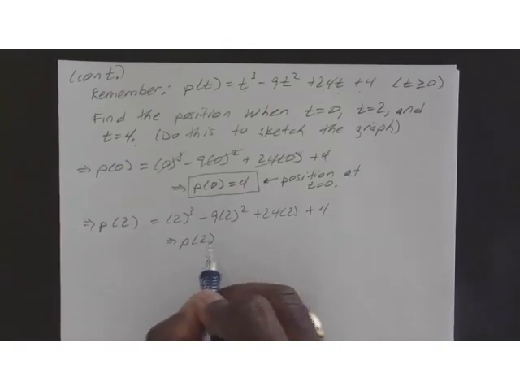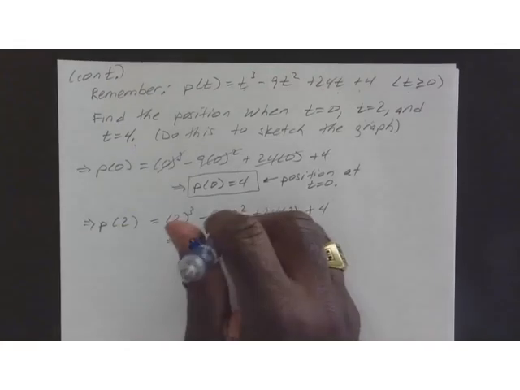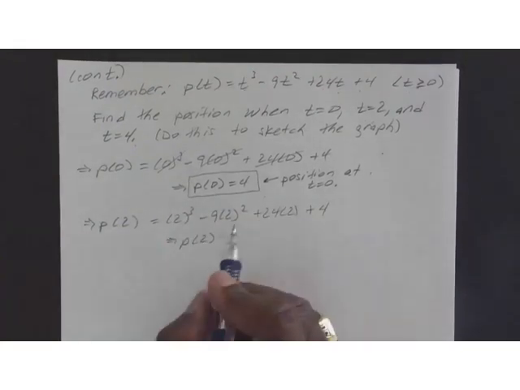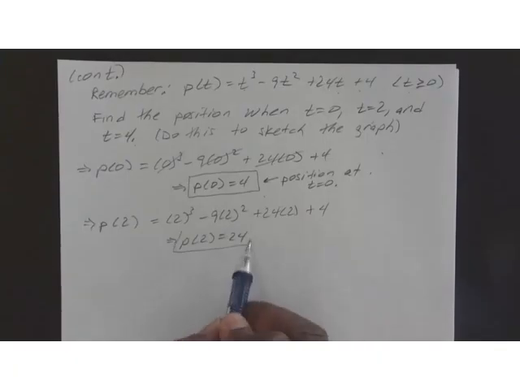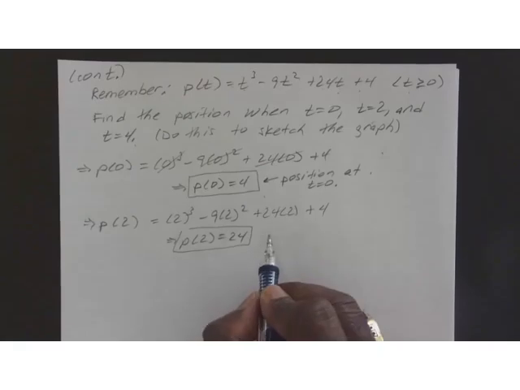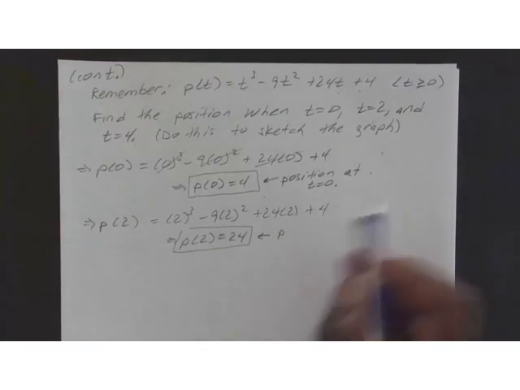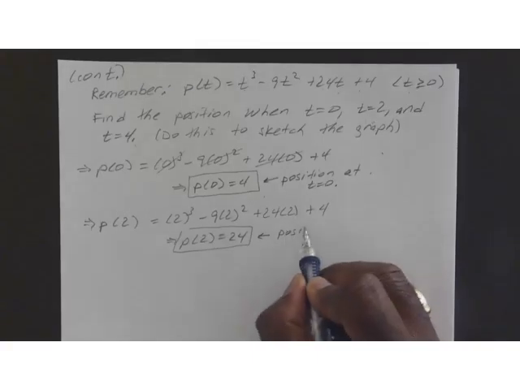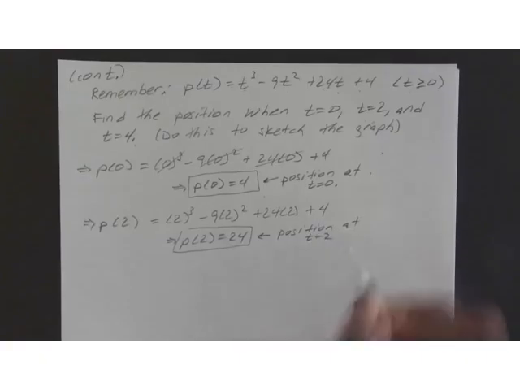Okay, so P of 2 is equal to 24. And that's our position at t equals 2. And you don't have to write these if you don't want to. I just do them anyway. Position at t equals 2.